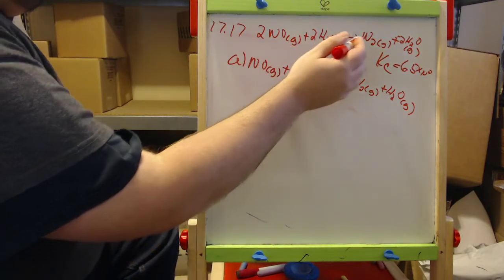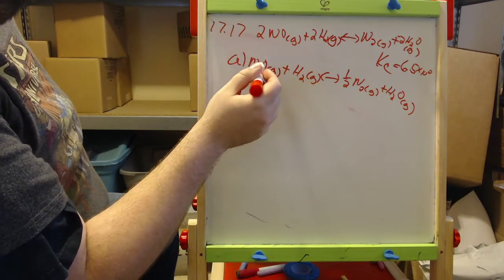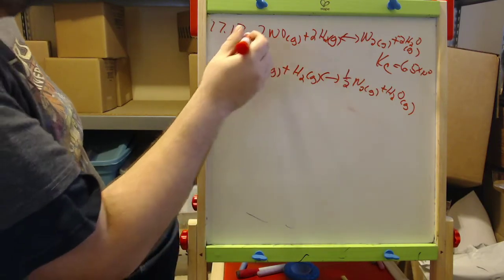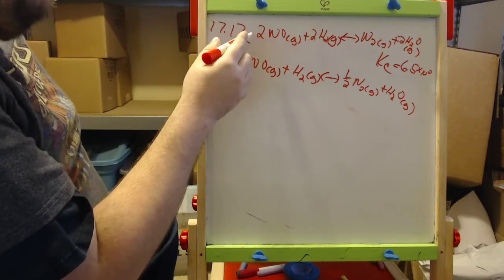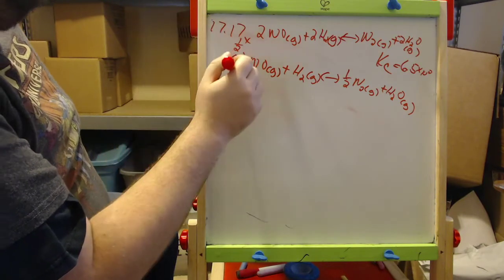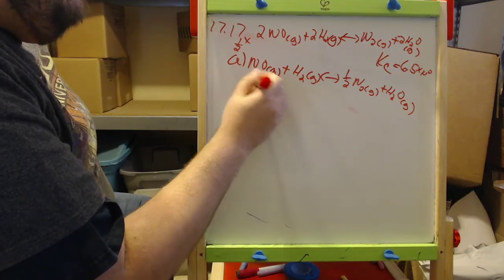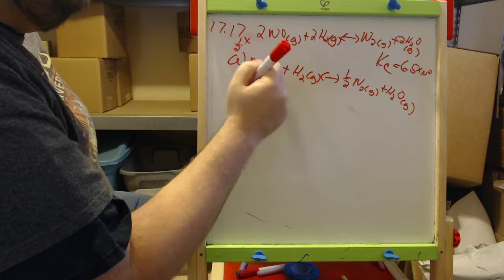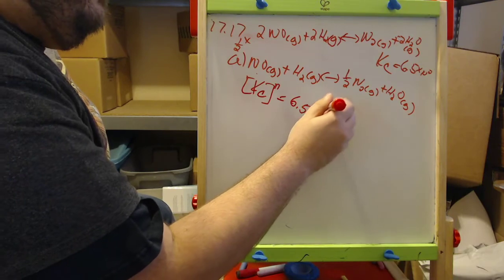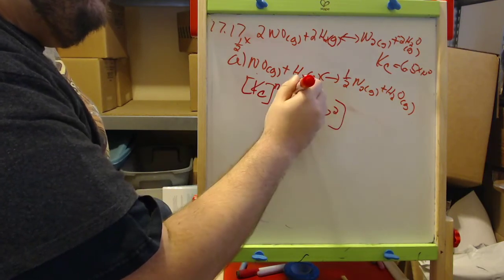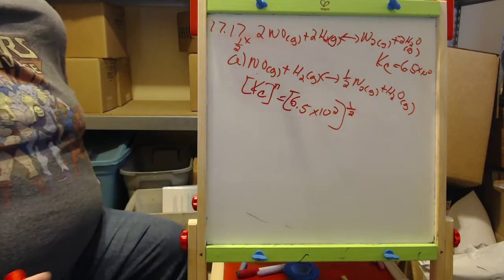Well, we have 2, 2, 1, 2 as our ratio up here. Here, it's 1, 1, 1/2, 1. So that means that this equation has been multiplied by 1/2. This top equation has been multiplied by 1/2 to get this equation down here. If that's the case, if we multiply a reaction by a value, then it's Kc to the n. So to answer that one, we need to take 6.5 times 10 to the second and raise it to the 1/2 power.